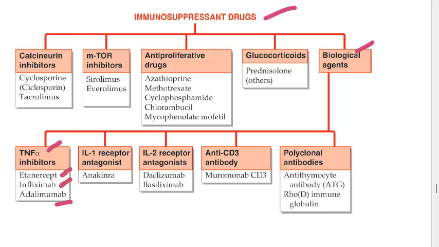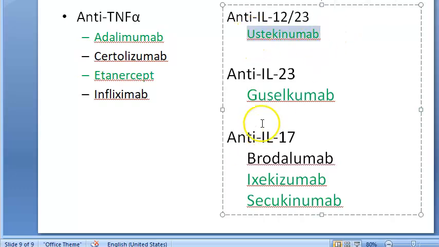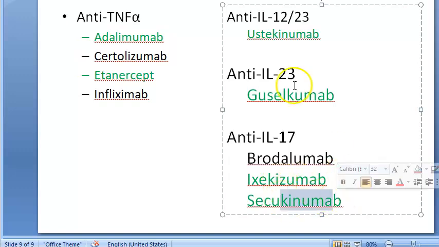Then you have the interleukin drugs. Okay, interleukin. What is that? Anti-interleukins. I don't see this there. Just remember ustekinumab, guselkumab, ixekizumab, and secukinumab. Okay. Kizumab. Wow. Okay.